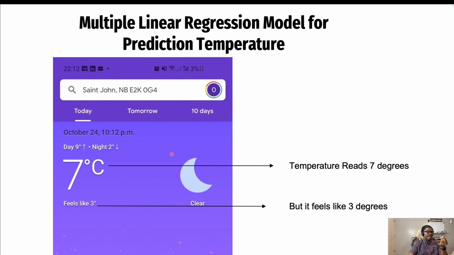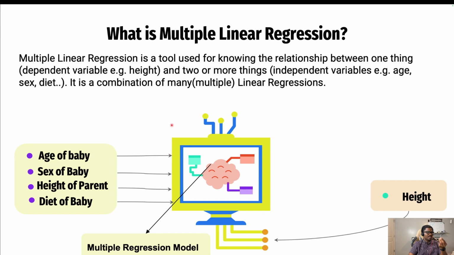So in our example in here, correlation means, is the age of the baby affecting the height more than the sex of the baby affecting the height, or the height of parent affecting the height, or the diet of the baby affecting the height?